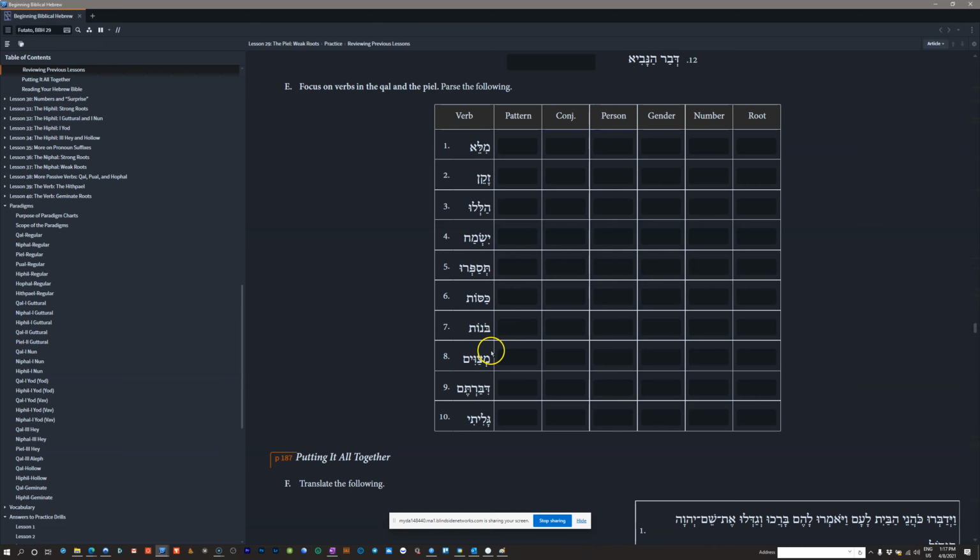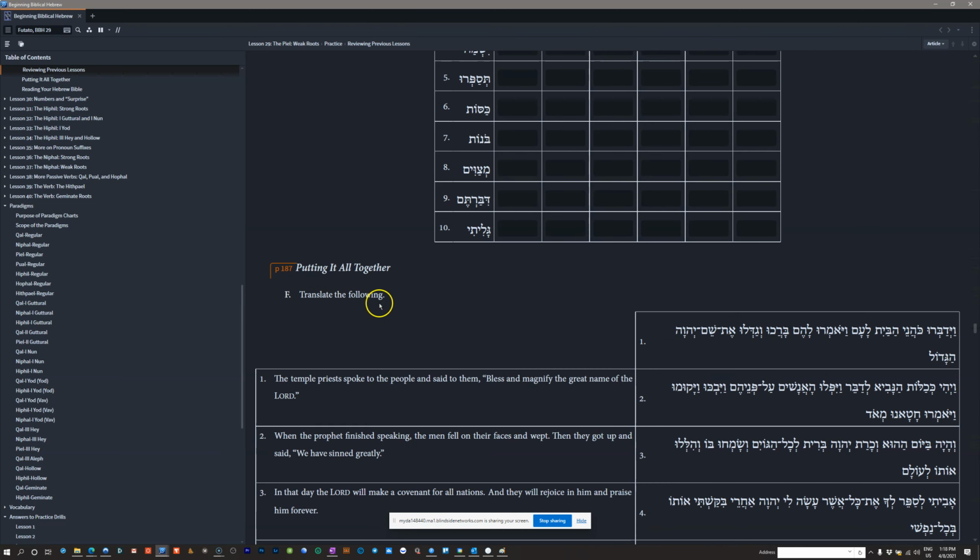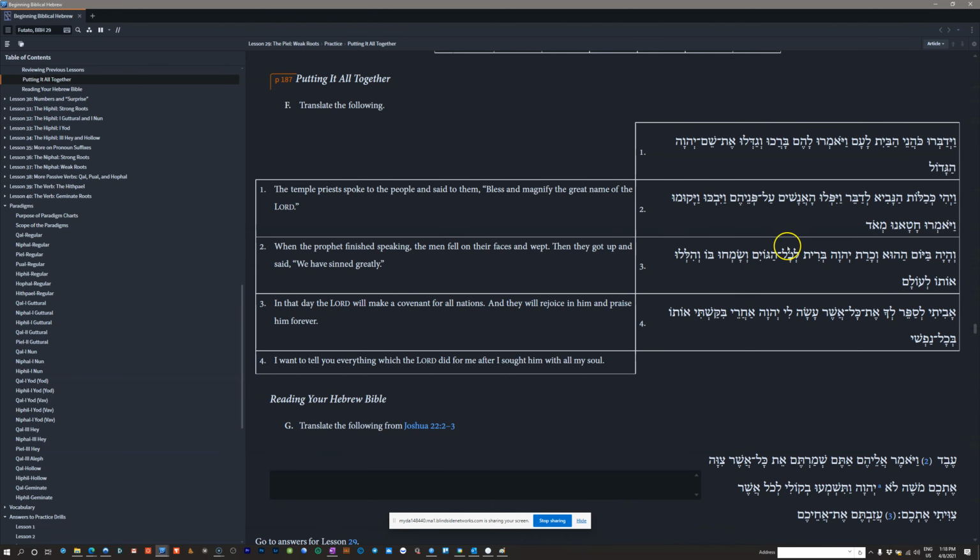Number 8, we've got a PL participle because we've got a mem shewa. And then number 9, we've got a PL perfect because we've got an R1 Hirik, R2 Dagesh. And then number 10, we have a cal perfect. This is third hey. Third hey shifts to a Hirik yod when you add the consonantal suffix. Boom, bam. All right, let's take a look at one translation here.